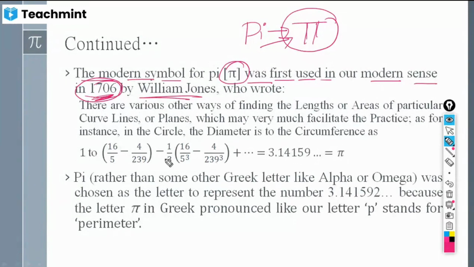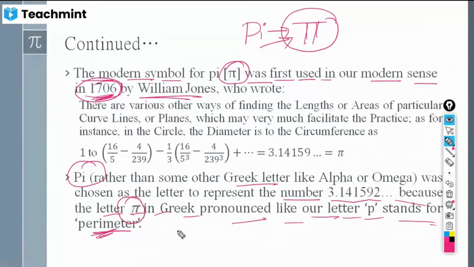This pi has been taken from the Greek letter and was chosen to represent the number 3.141592, because the Greek letter pi is pronounced like the letter p, which stands for perimeter. Why did he take the Greek letter? Because it represents perimeter. So that is the reason he has taken this Greek symbol to represent pi.